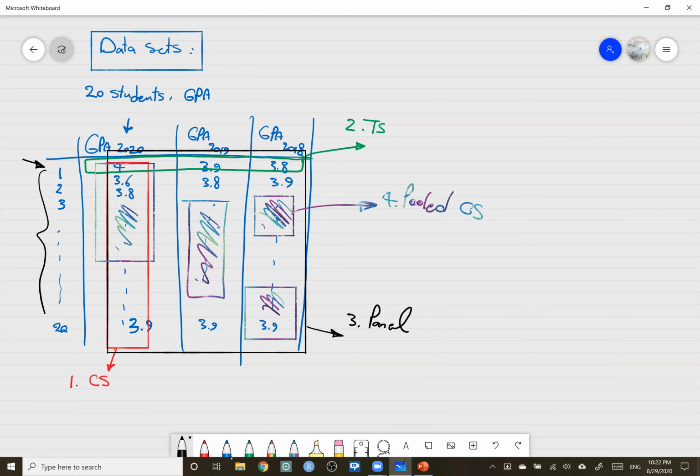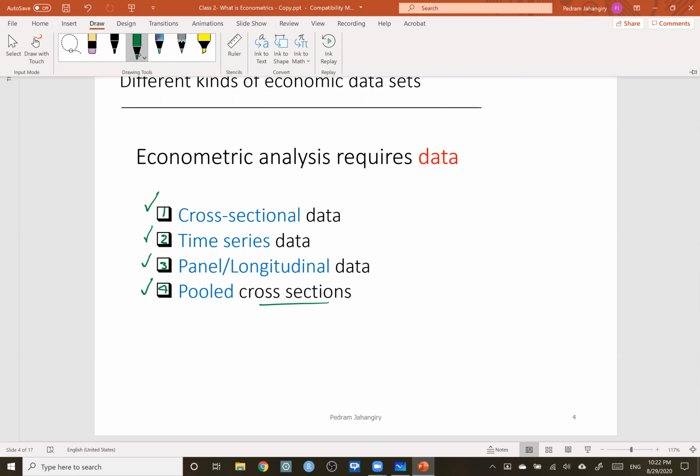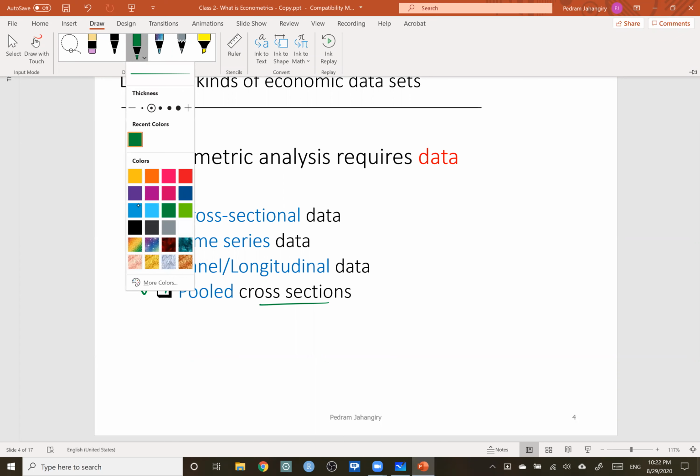That's the way I think you should always remember how to distinguish time series, cross-section, and so on. Now let's go back to slides and look at more formal definitions for these things. Let me use maybe red again.